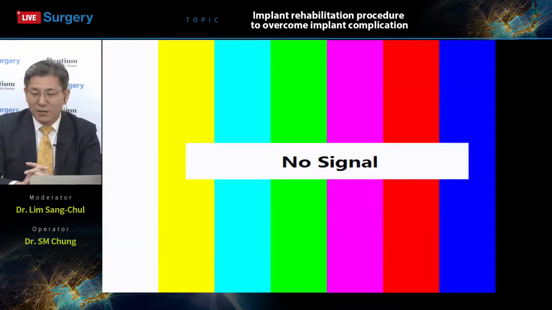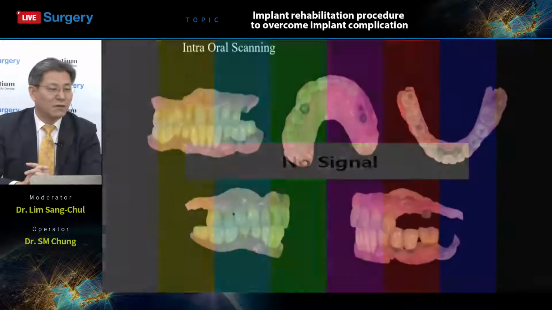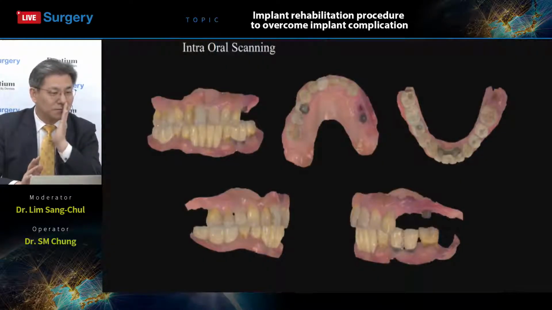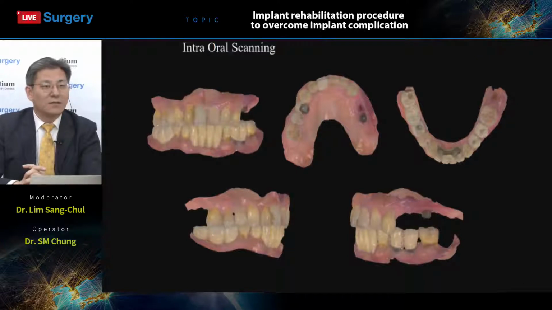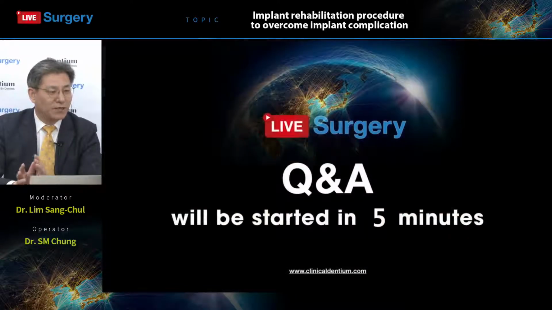Okay, so Dr. Zhang finished today's surgery procedure. Upper left implant installation with sinus augmentation by a lateral approach, and the big defect covered by bone grafting with a GBR procedure.